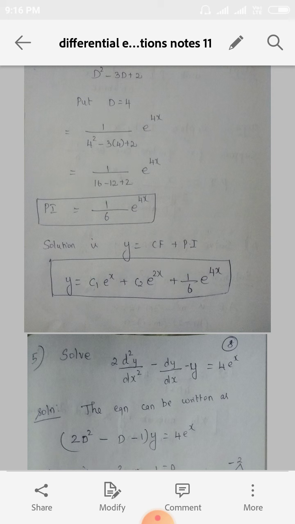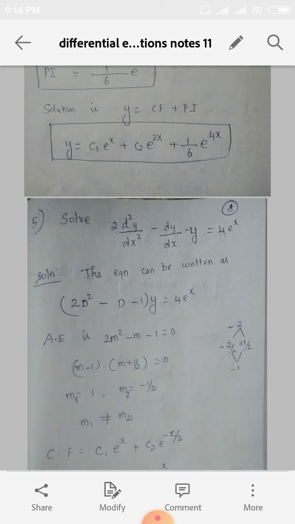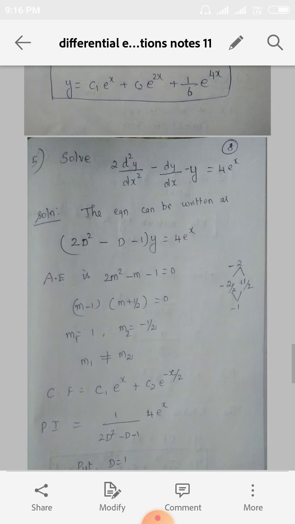See the next sum, the same procedure, but the problem is given in a different way. See the equation: 2 into d square y by dx square, this is nothing but 2y double dash, right? Minus dy by dx minus y is equal to 4 into e power x. First write the given equation in the D form, that is (2D square minus D minus 1) of y is equal to 4 e power x.